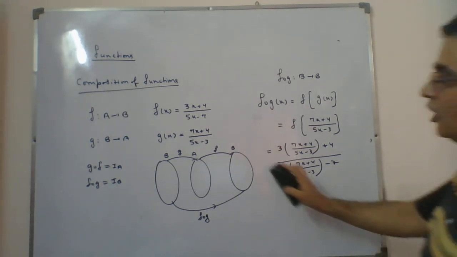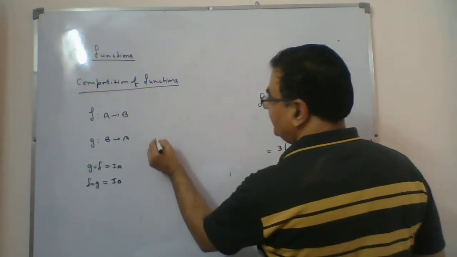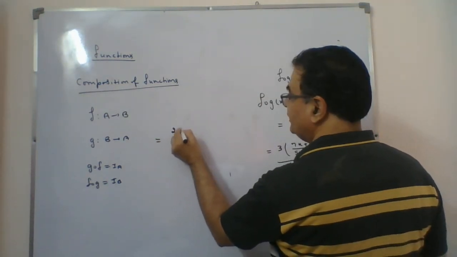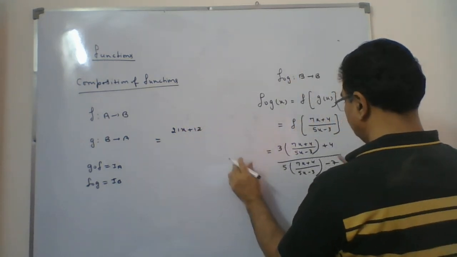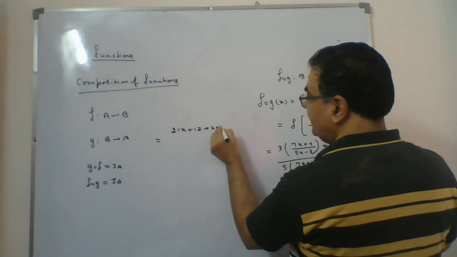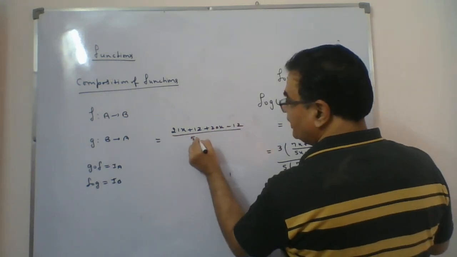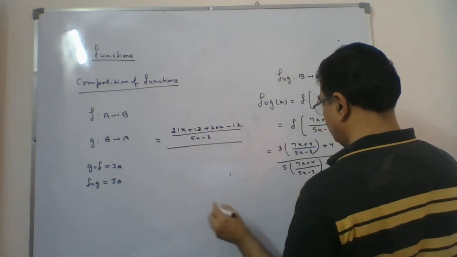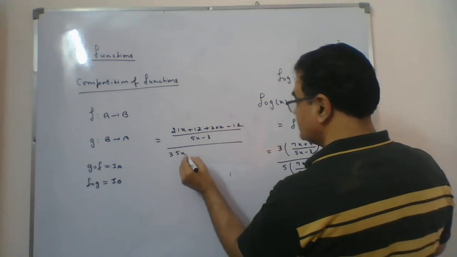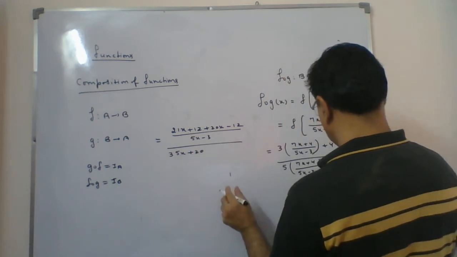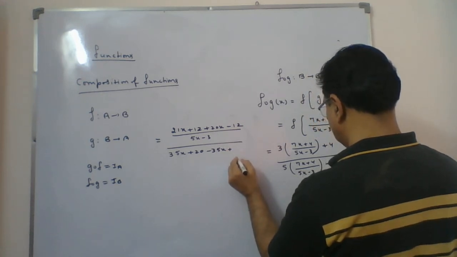And now when you solve it, just check what the result comes. It comes out to be 3 times 7, 21x plus 12, plus 20x minus 12, divided by 5x minus 3. Here we will get 7 times 5, 35x plus 20, minus 35x plus 21.